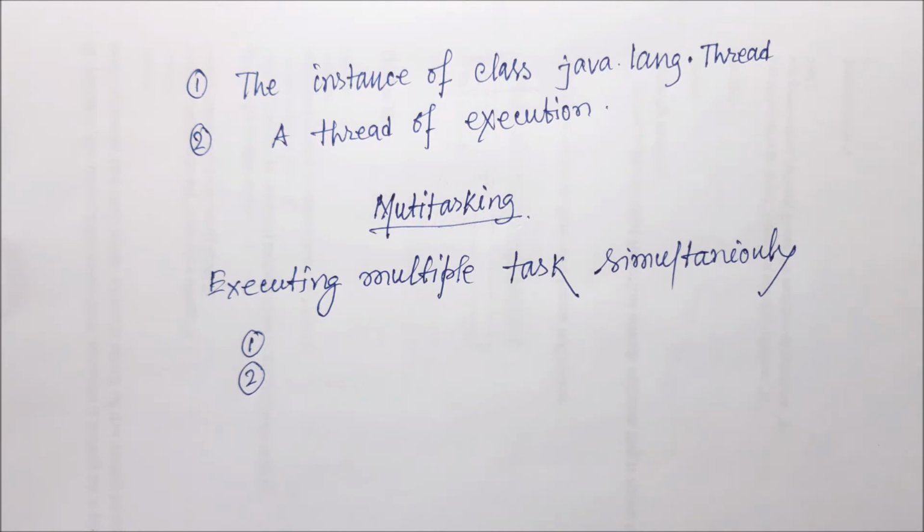So what does multitasking mean? Multitasking means executing multiple tasks simultaneously. A student is doing 2, 3, 4, 5 tasks simultaneously in the classroom. The concept of multitasking is divided into two categories.